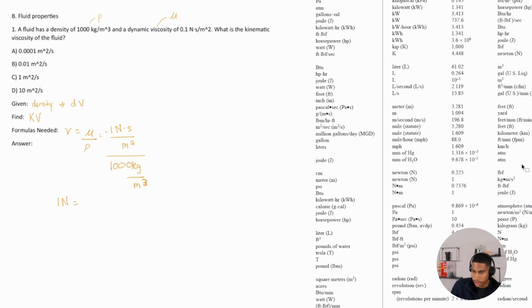So 1 Newton is equal to 1 kg times m over s squared. All right, how does that help us out here?